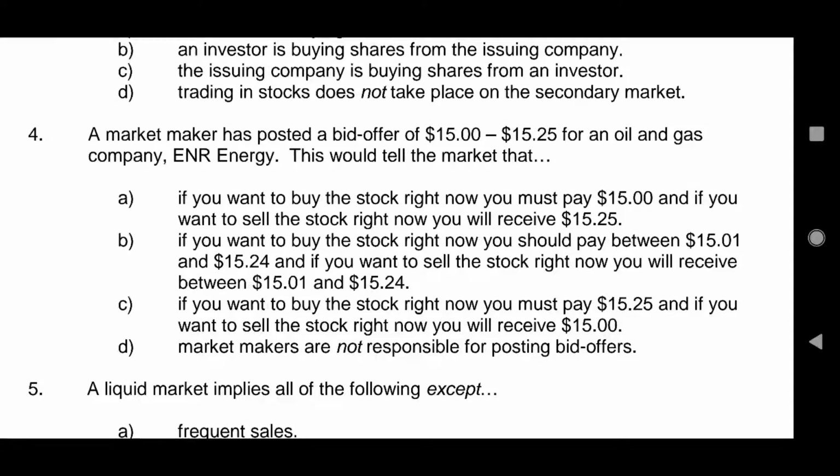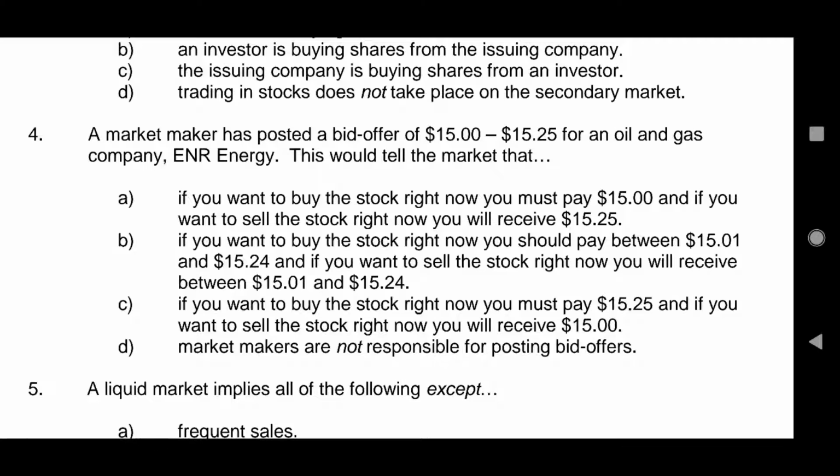So the bid is how much the buyer is willing to buy it for, and the offer or ask price is how much the seller is willing to sell it for. So this is simply saying that the buyer is willing to pay a maximum of $15, that is the bid, and the offer price is $15.25. So that means that the seller is willing to sell it for no less than $15.25.